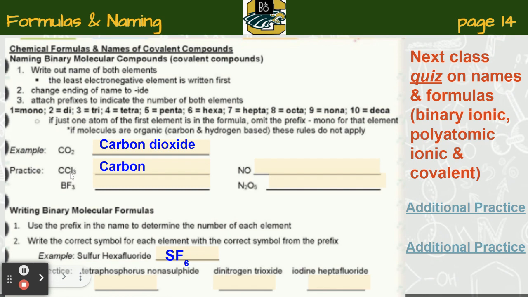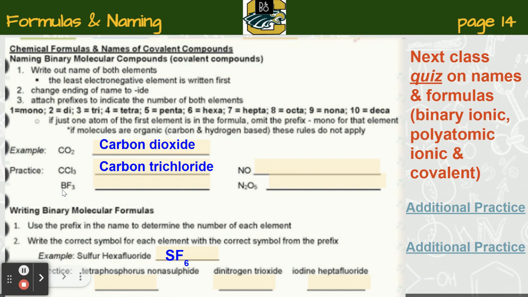And the second one, 3 chlorine, we find 3 up here, it's tri, so trichloride, because chlorine becomes chloride.